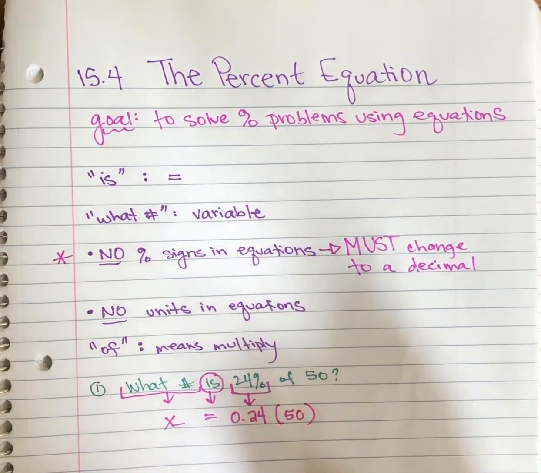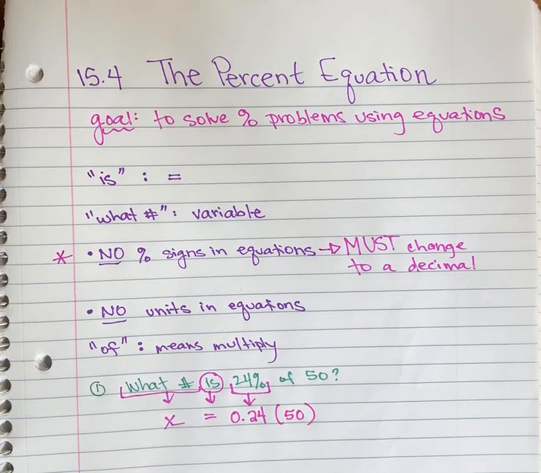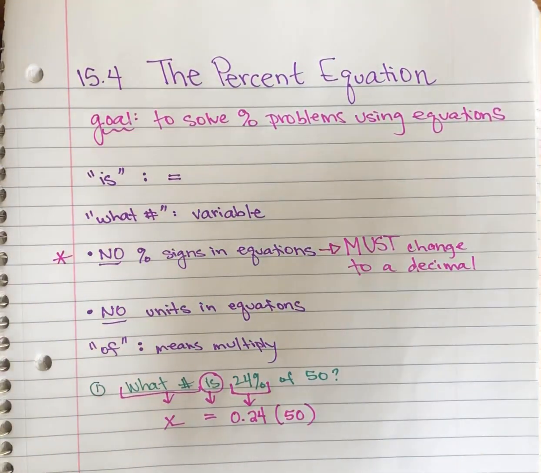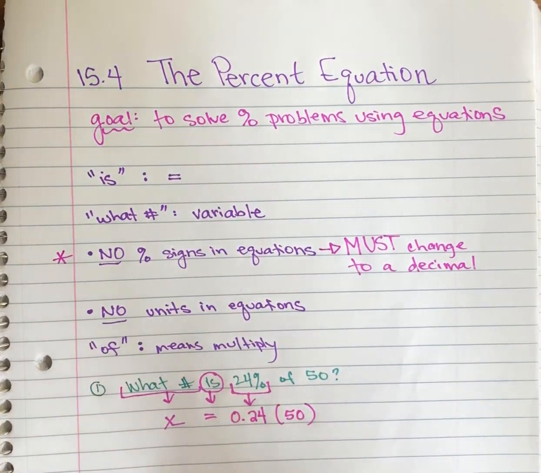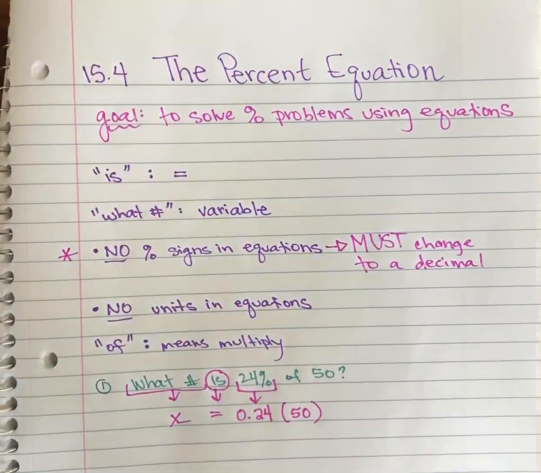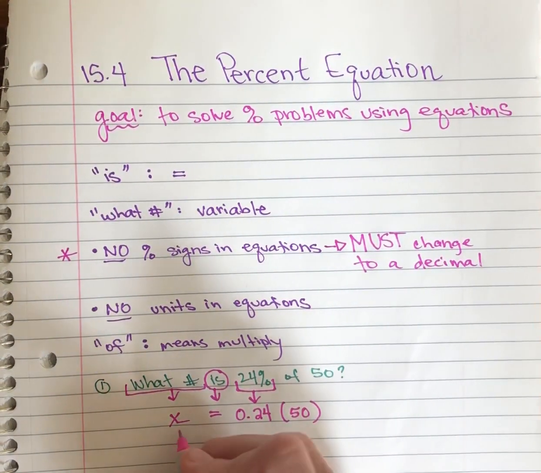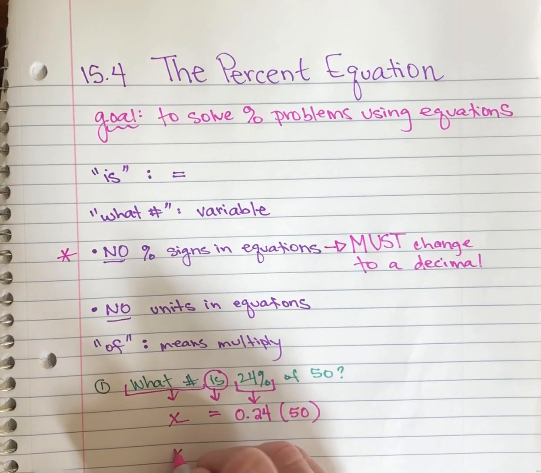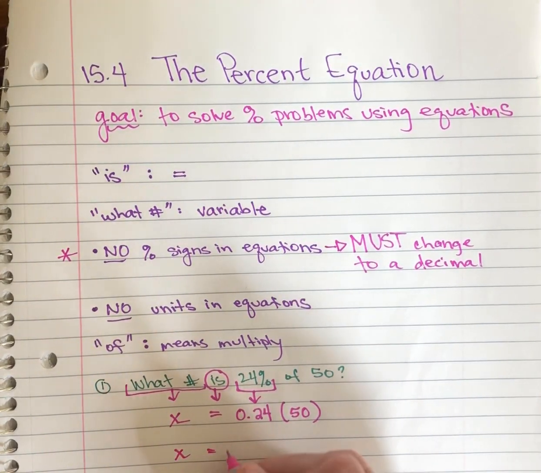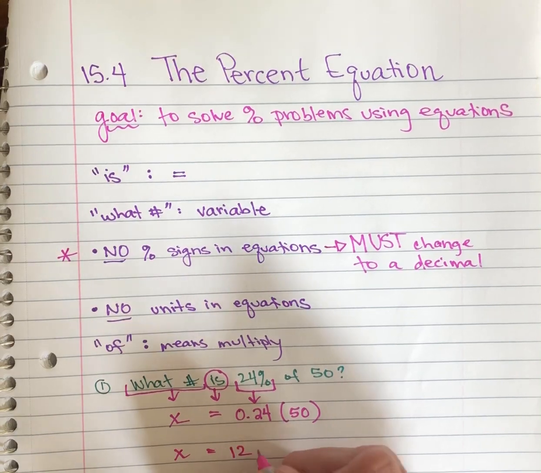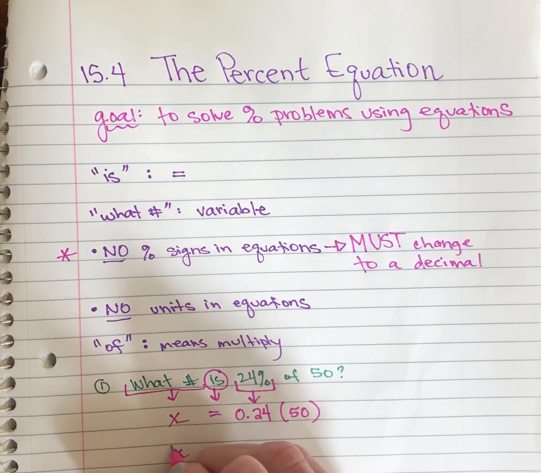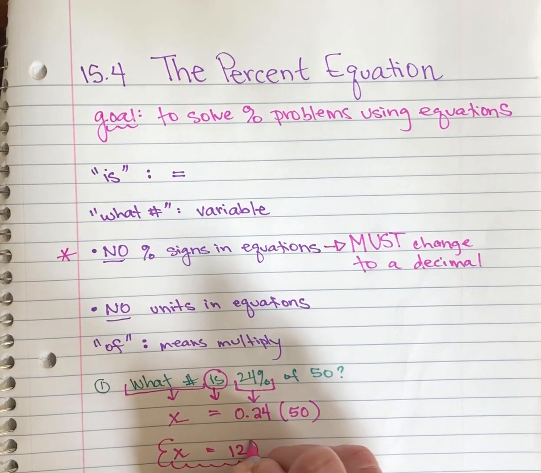Smashed together also means multiplication. So there's our simple equation. So all we have to do is solve 0.24 times 50, and we'll get our answer. X equals 12.